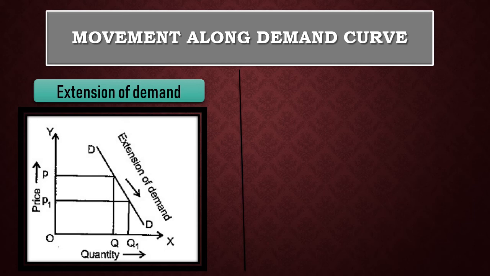Just now you have studied the determinants of demand, that is, factors affecting the demand. In this case, to understand, the factors of demand remain constant, there is no change in those factors, but there is a single change in the price. Let me explain with the laser here.